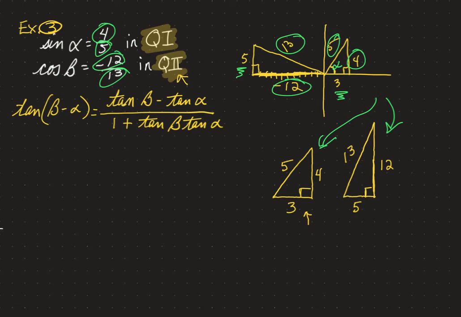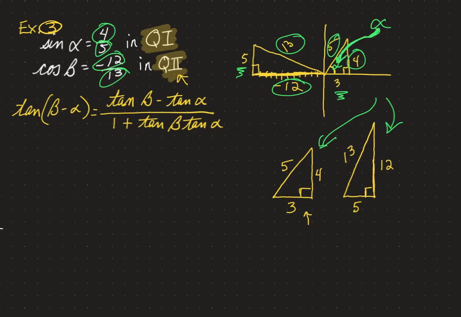I don't see tangent beta or tangent of alpha written anyplace there, but I do know the sides of those triangles. So looking at each of those triangles, remember we had alpha, it's written in there real small. Let me write it bigger. Alpha goes right in there, okay? That's where alpha is.